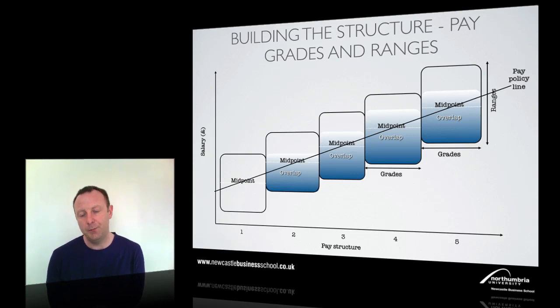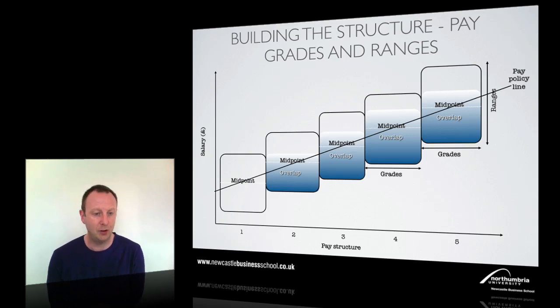The pay range is usually determined by thinking about the extent of pay from the midpoint going up to the maximum and down to the minimum. And that gives us another area of variation to play around with in terms of our design choices. So this is the end point, if you like.